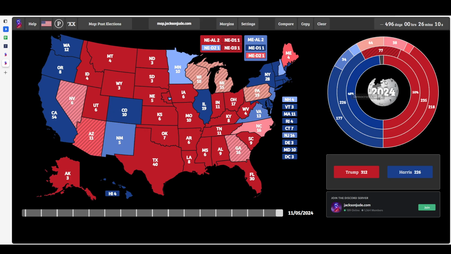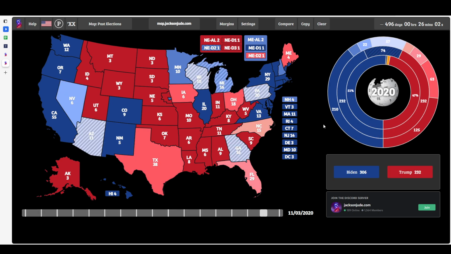Since generally Democrats win the popular vote, they do end up typically winning. Even in 2020, all of these swing states, Georgia, North Carolina, Pennsylvania, Michigan, Wisconsin, Arizona, and Nevada, all had Republican PVIs. That's just because typically Democrats win the national popular vote by a bit.